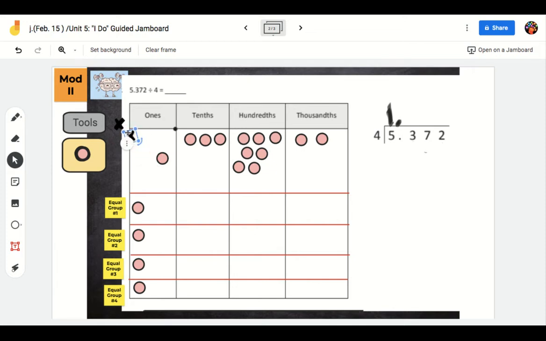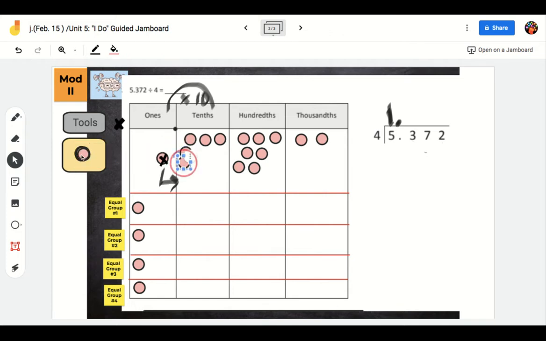All right, here we go. My tools now say I'm going to break it up and then bring it over to the tenths place times 10. So I need 10 over here. So let me use my labels and show it. And I'm going to bring 10 more.